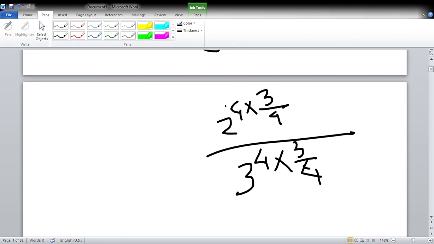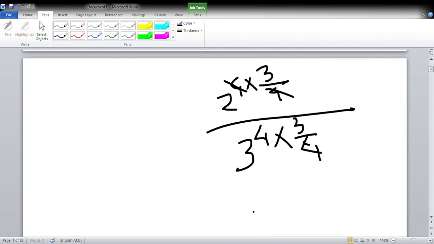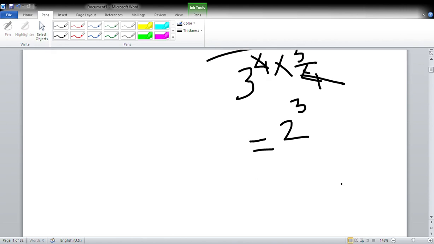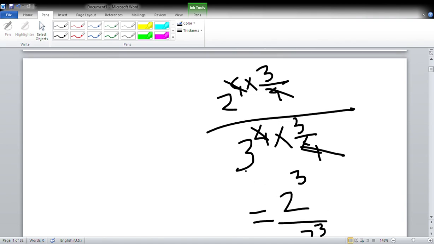If we cancel, this 4 is cancelled. That means 2 to the power 3. Again this 4 and this 4 are cancelled. That means 3 to the power 3. So 2 to the power 3 is equal to 8 and 3 to the power 3 is equal to 27. That is the answer, right?